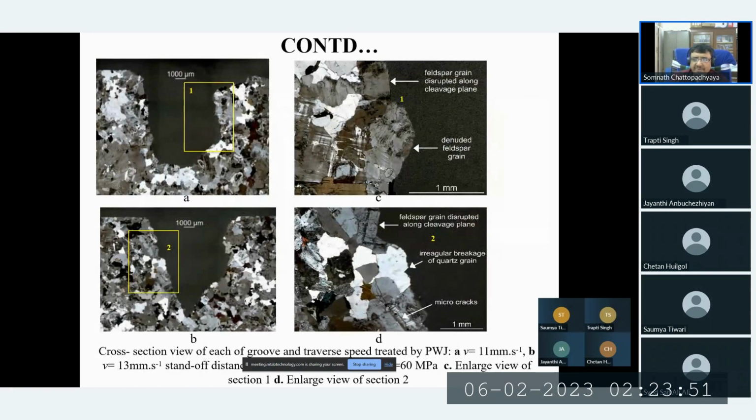You can go for a much bigger scale with the feldspar grains, disrupted along the cleavage plane, and how those grains behave, and they have some displacement, some slips, some tuning, and all sorts of things are taking place, and that way ultimately the material is removed by fatigue stress. Micro cracks, then major cracks, then fatigue failure, and all sorts of things will happen in those materials.